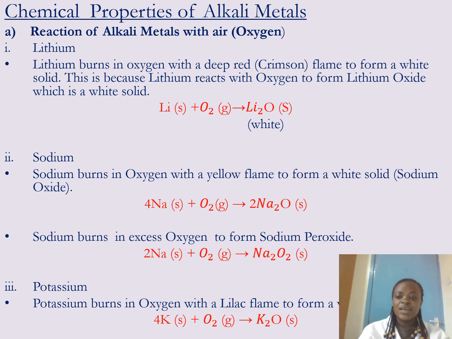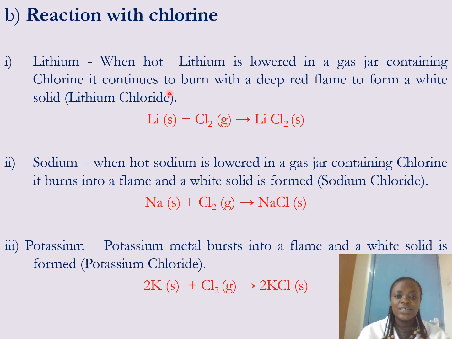Let us look at the second chemical property, the reaction with chlorine. What happens when we react our group 1 elements with chlorine? We start by looking at lithium. When hot lithium is lowered in a gas jar containing chlorine, it continues to burn with a deep red flame to form a white solid.